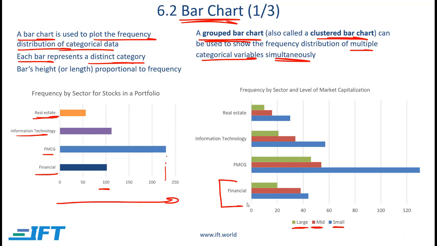So what we have here is that the largest number of stocks within the financial sector are actually small cap stocks. So we have about 45 small cap stocks. Then we have just under 40 mid-cap stocks, and we have 20 large-cap stocks. So notice that we are showing multiple variables simultaneously through a grouped bar chart.